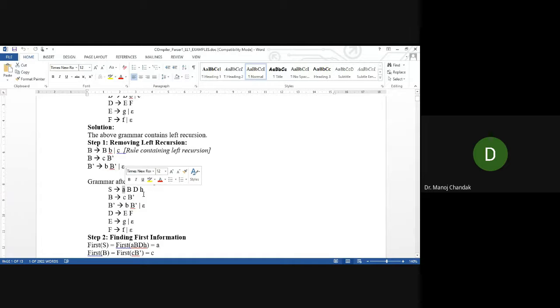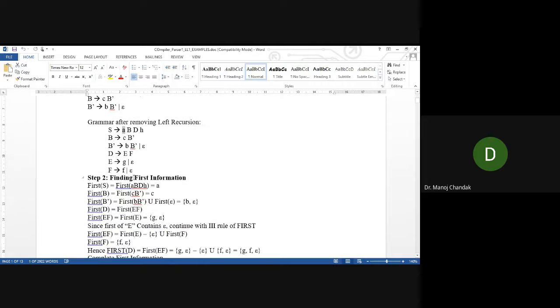So just remember these small rules, because in GATE you need to solve this all in very quick time. So you cannot basically compute on paper and pen. So if there is a terminal, you stop computing first. So S derives ABDH, so first of S will be first of ABDH, and that is equal to a.